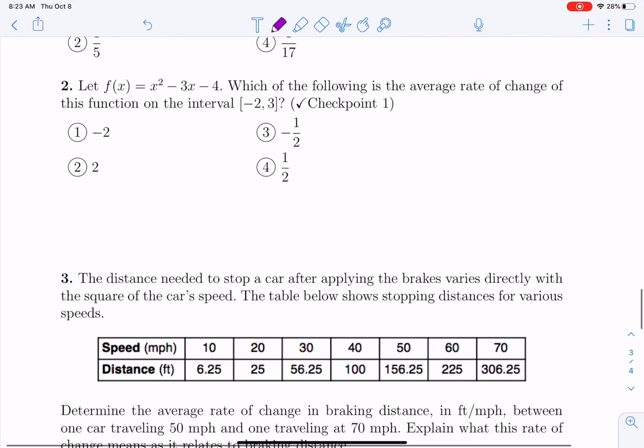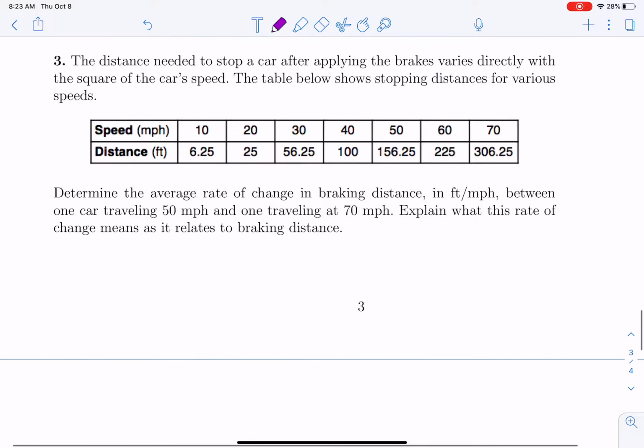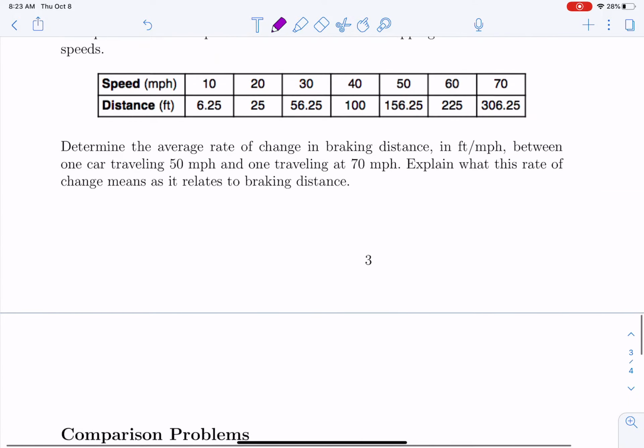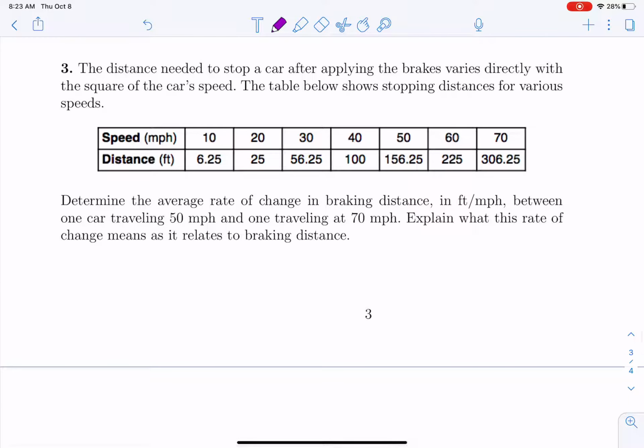All right, so number 3. We actually don't have a lot of space for this, but that's okay. For question 3, we're told that the distance needed to stop a car after applying the brakes varies directly with the square of the car's speed. The table below shows stopping distances for various speeds.